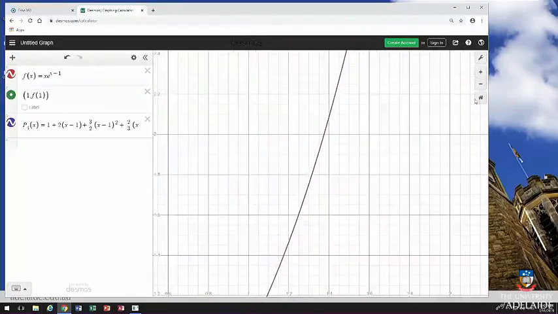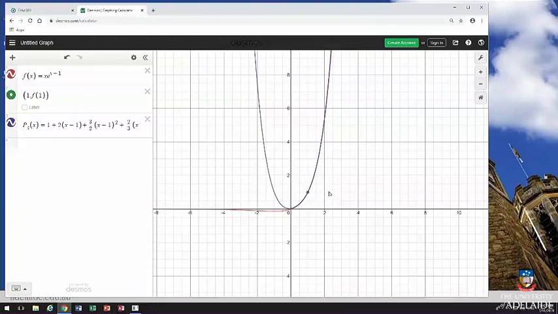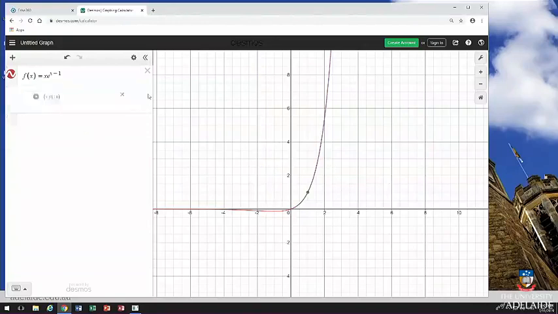All right. So for this function, the interval of convergence is the entire real line. But for some functions, it's not. So why don't I draw a different function, hey? That is an excellent question, by the way.